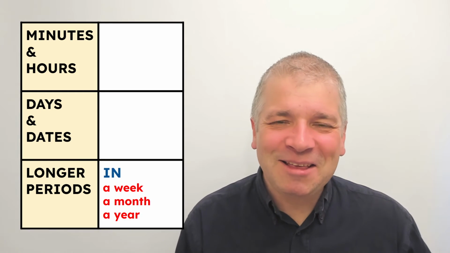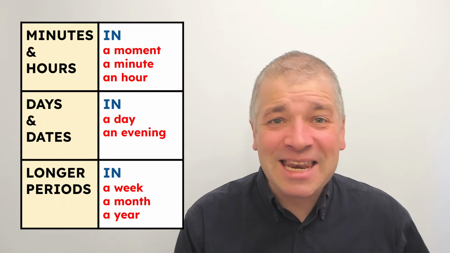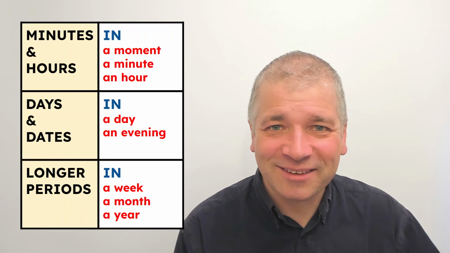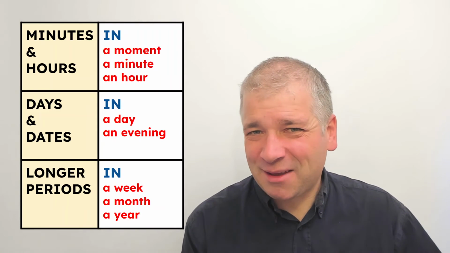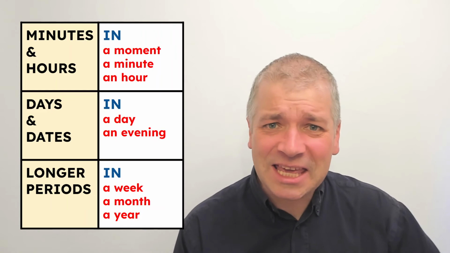Let's go on to in. In is usually for longer periods of time, in a week, in a month, in a year, but actually it's for any period of time that is not specified. So any period of time that doesn't have a name. So we can say in a year, but we can also make it really small. In a moment.